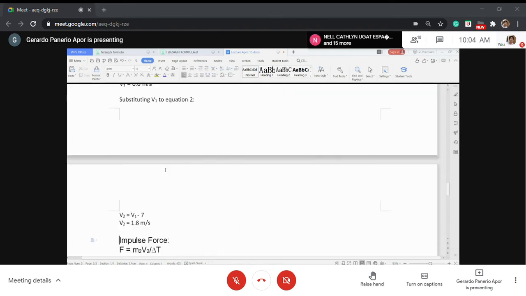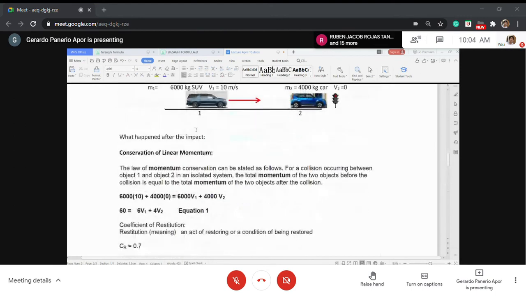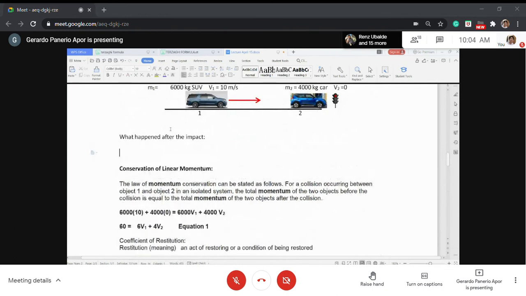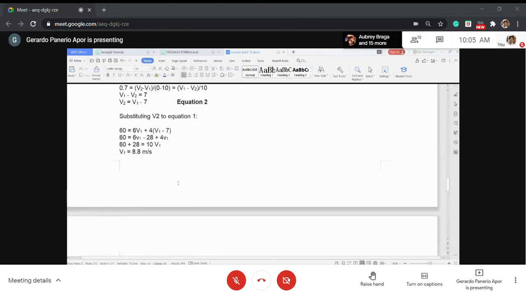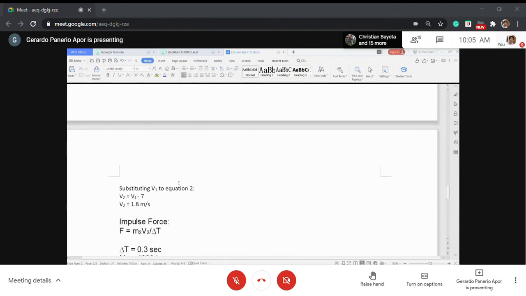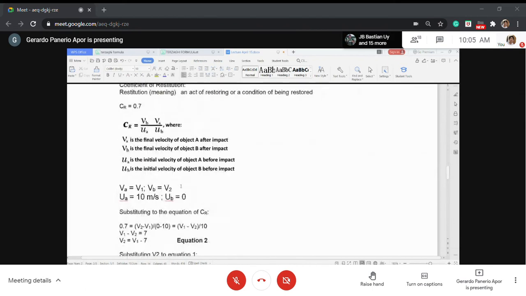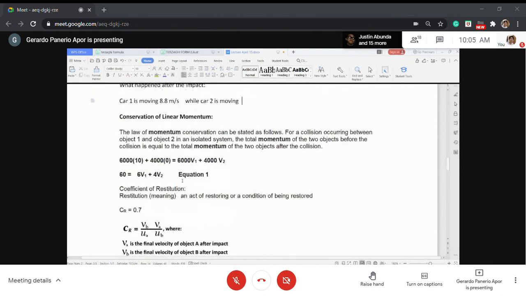Now, if we are going to answer what happened after the impact, we see that car 1 is moving at 8.8 meters per second, while car 2 is moving at V1 minus 7, which is 1.8 meters per second.